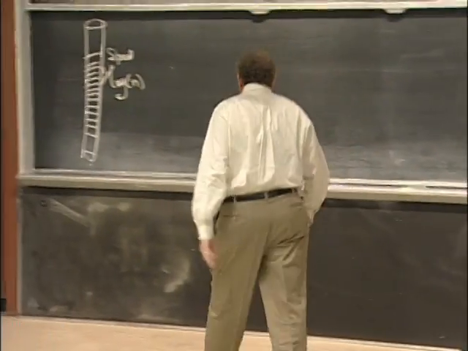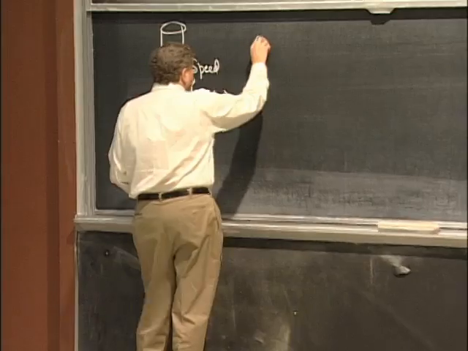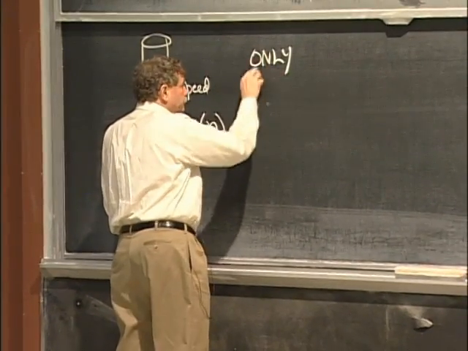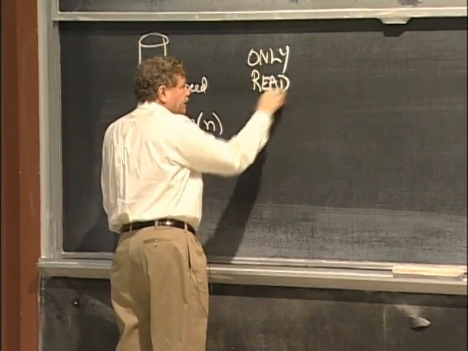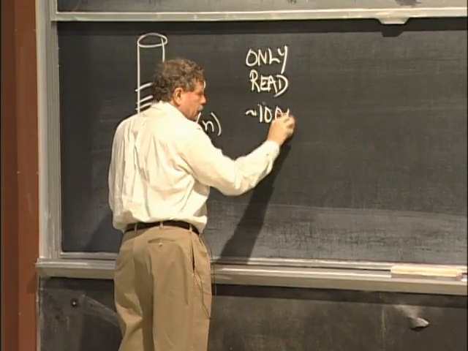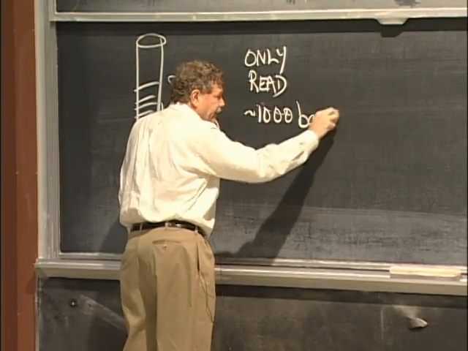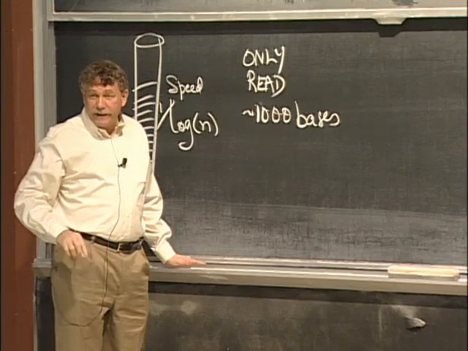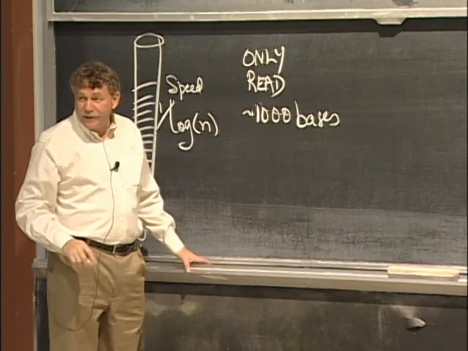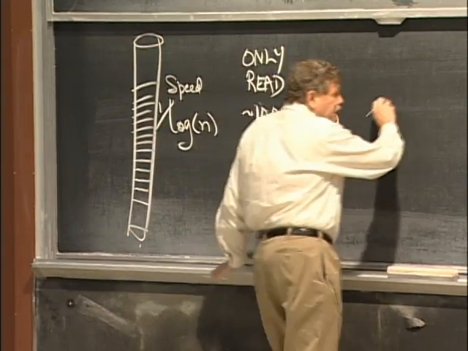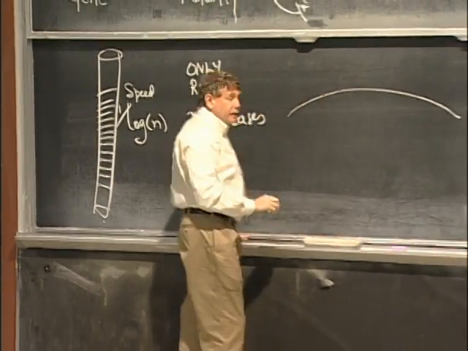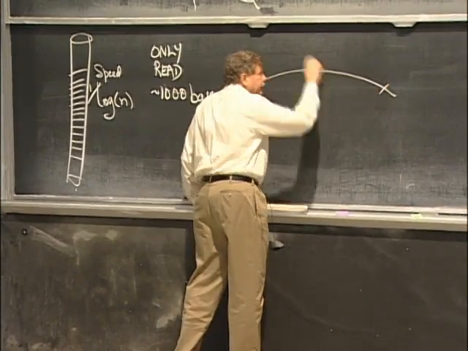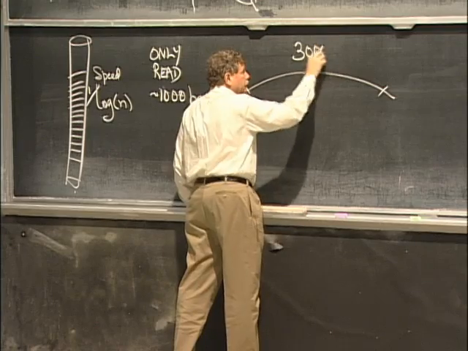So I can only read 1,000 bases, let's say. In practice, we would tend to read 700, 800 bases because it started getting scruffy. But let's make it round. We'll say 1,000 bases. Now suppose this fragment that I got, that's the ARG1 gene, is 3,000 bases.